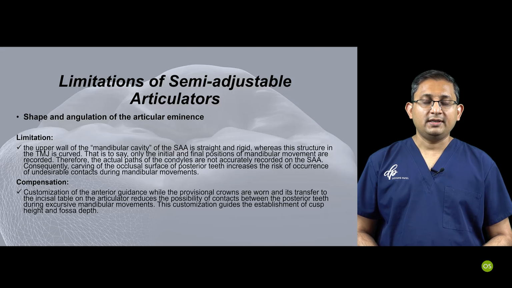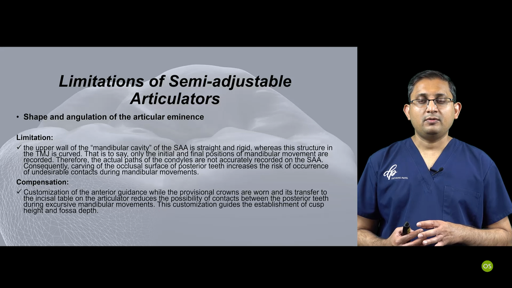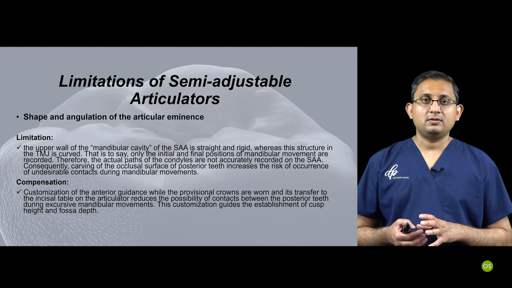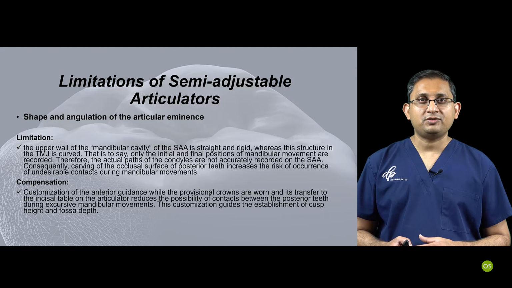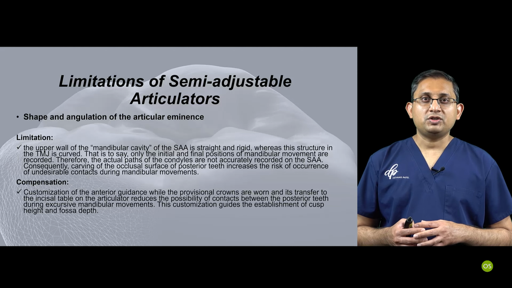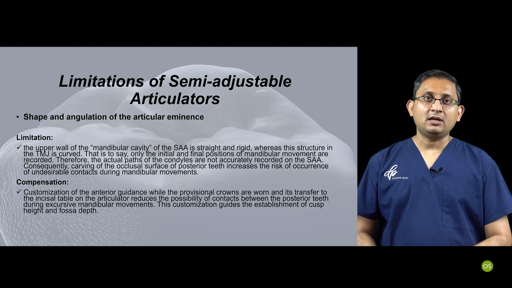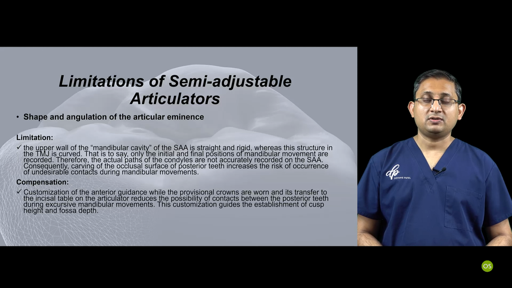What we can do is make sure that you're providing patients with provisional restorations, where you're testing out all the occlusion in the provisional restorations made up on a semi-adjustable articulator.